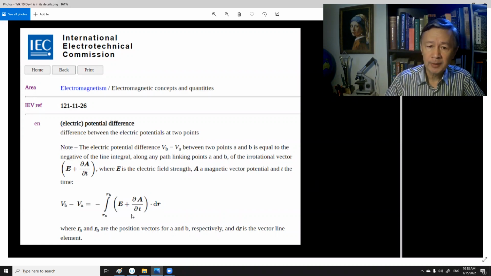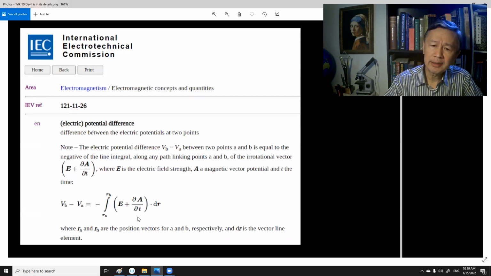One is E, the electrical field strength or electrical field vector. The second term involves the first derivative with respect to time of the vector called A. Now, if you have studied the field theory of electromagnetism, you can immediately know that A is called the magnetic vector potential, or magnetic vector for short.